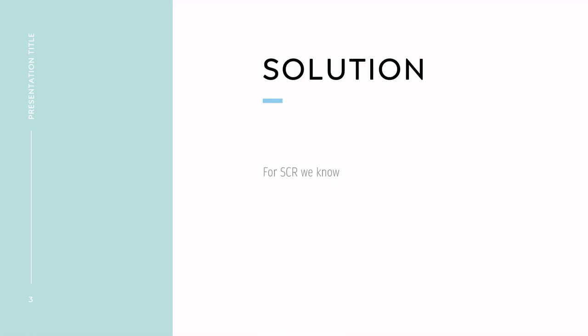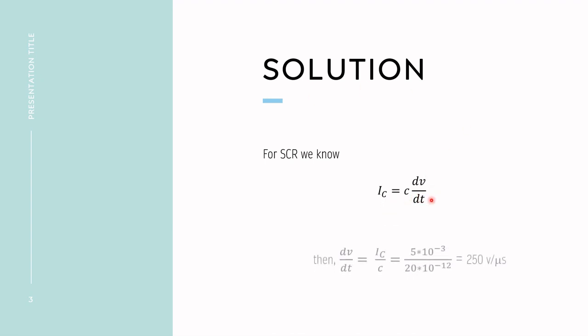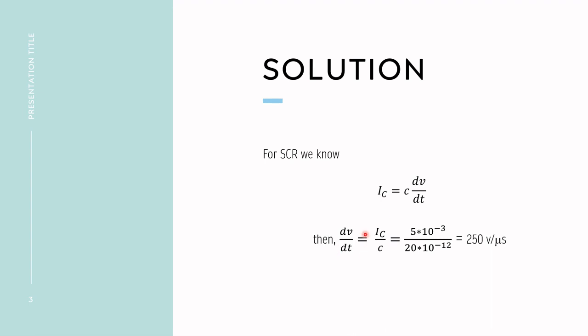So here is the solution. First step, from the basic concept of silicon controlled rectifier, we know that IC equal to C dV/dt. Then dV/dt equal to IC by C. In the question, IC value is given and also the C value is given.